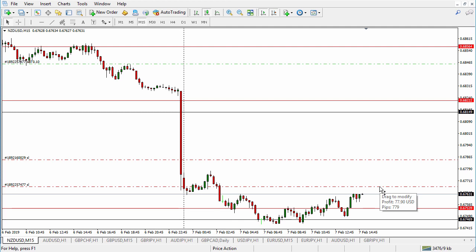Now, I'm also going to go ahead and move the trailing stop for the short price reversal trading position, which I earlier took on the NZD/USD, to the same price level where the trailing stop which I placed for the short price breakout trade on the same currency pair is currently located at as well.